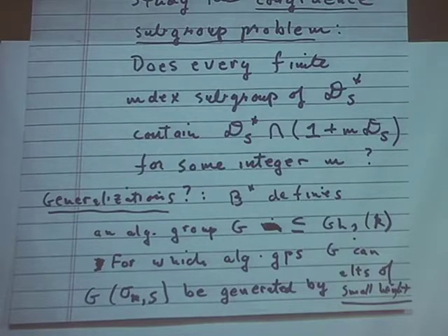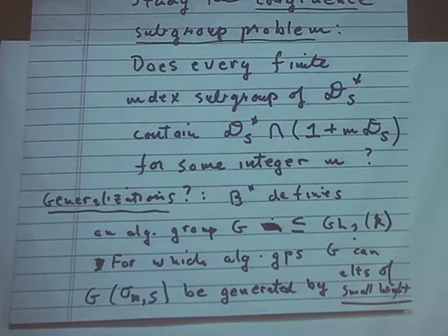So the general question would be, for which algebraic groups, that is, subgroups of GLN over K defined by some number of equations, is it true that once S is large enough, the points of the group over the S integers can be generated by elements of small height? You can come up with different notions of height and try to see if that principle actually applies.